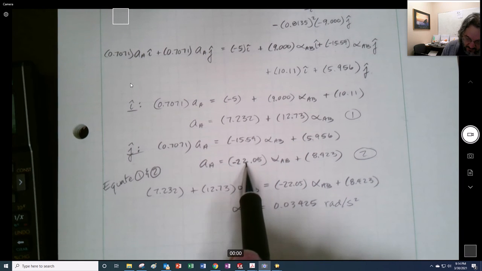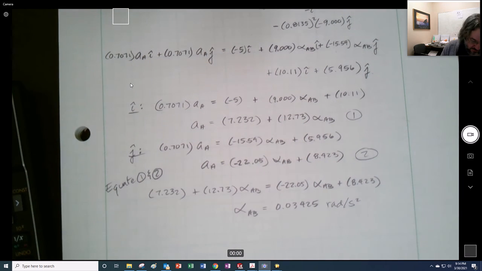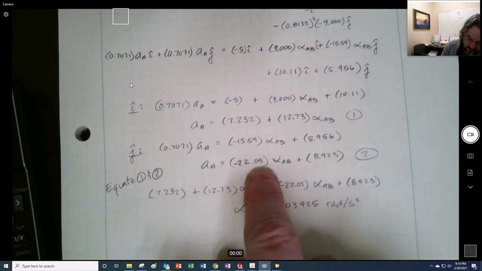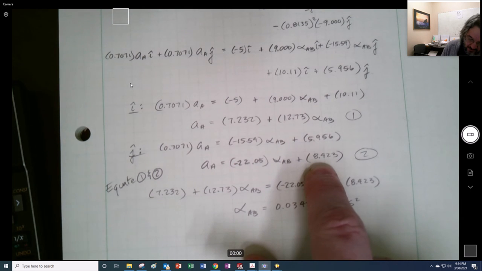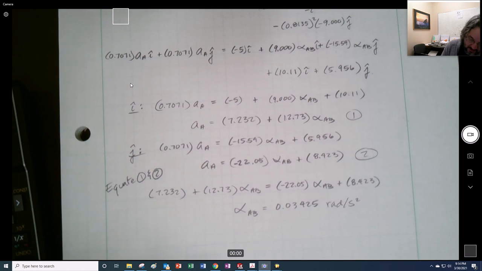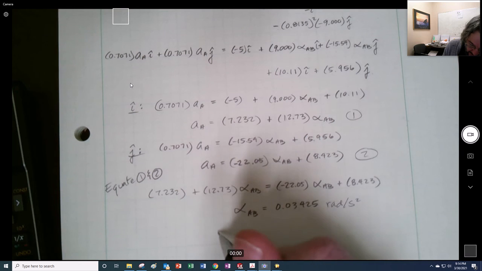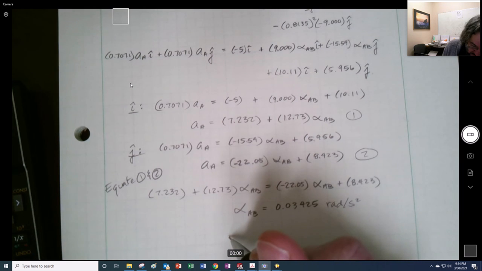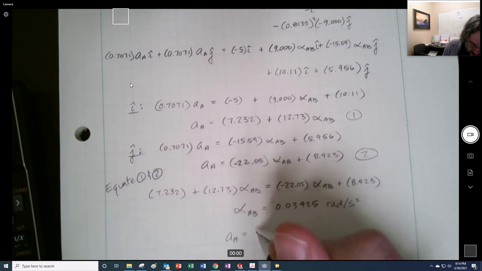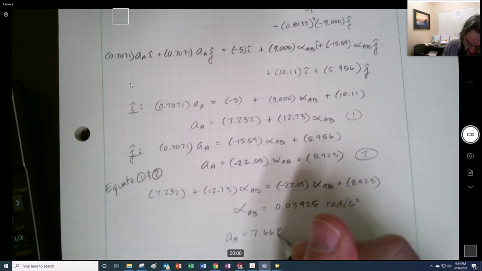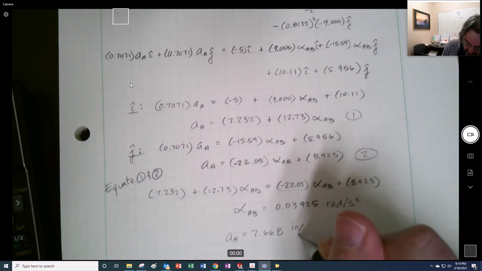So even if I put it up into this one, so I try that out. 22.05 and multiply, and so that right there is going to be negative though, and add to the 8.423, and I'm going to get an acceleration of A is 7.668 inches per second squared.